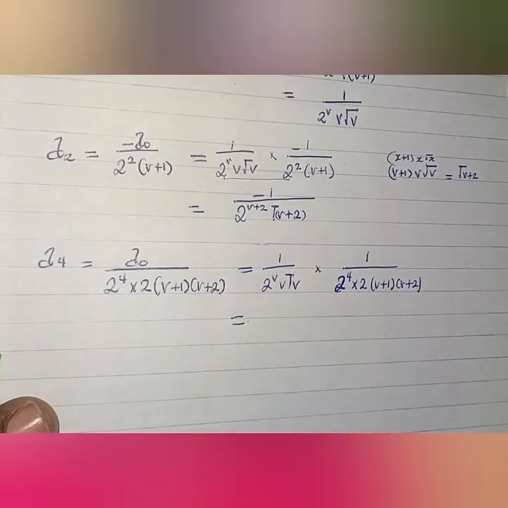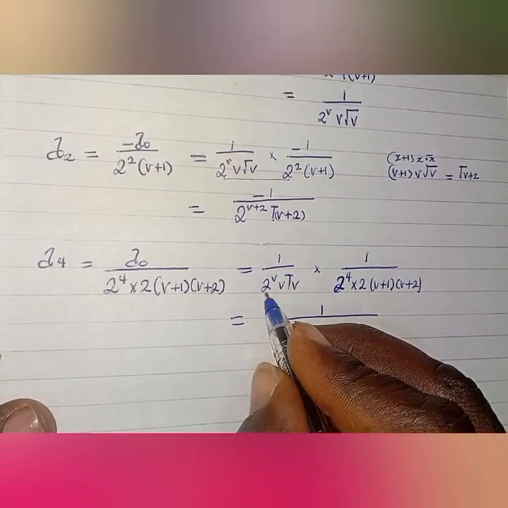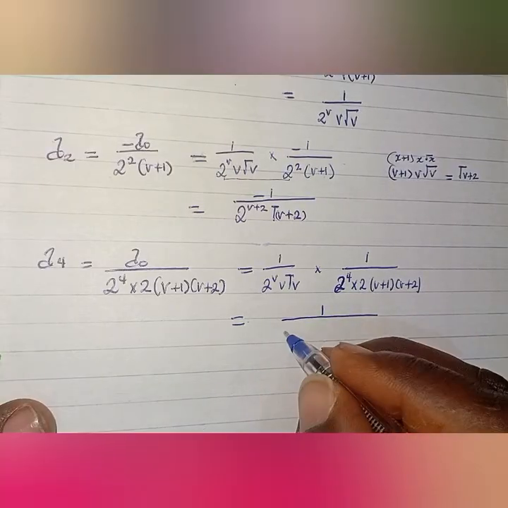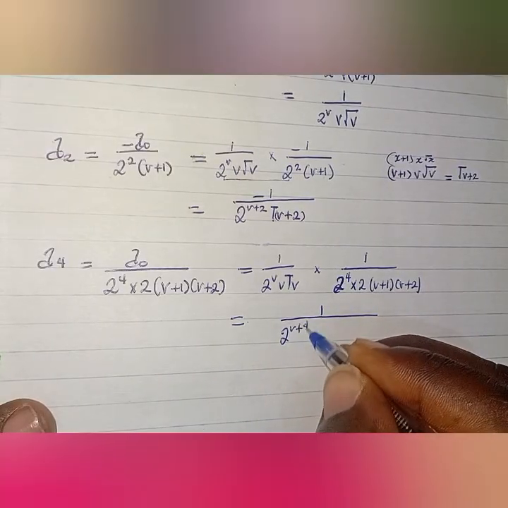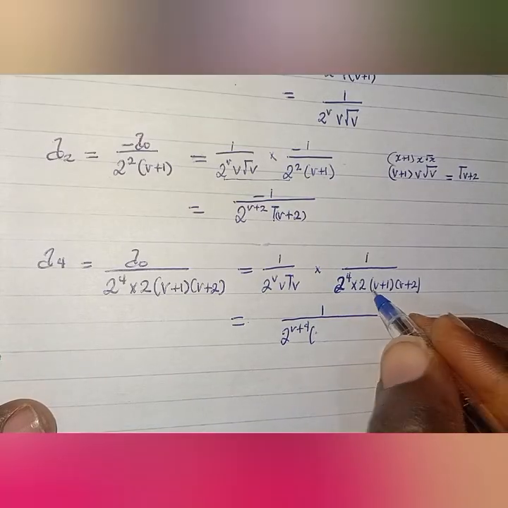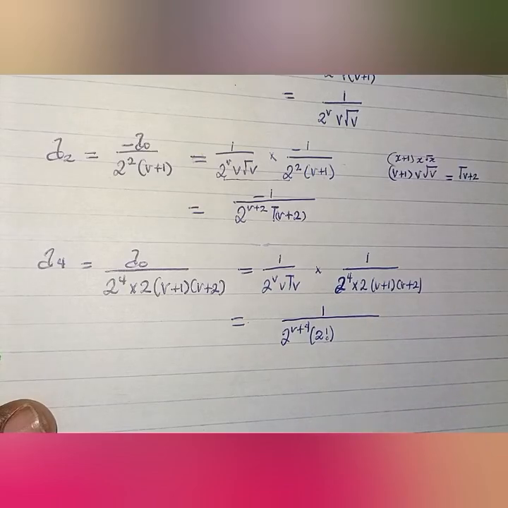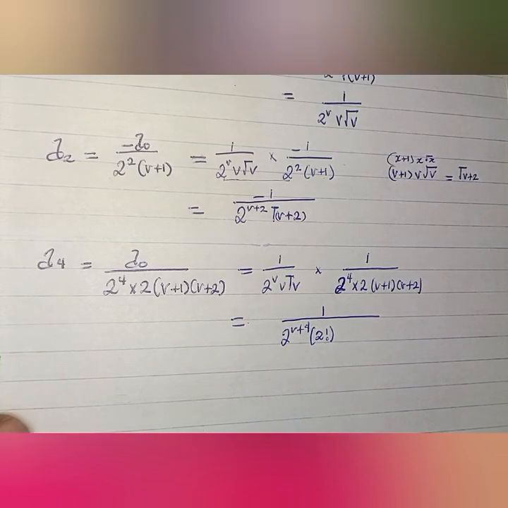So 1 multiplied by 1, we have 1. 2 raised power v multiplied by this, we have 2 raised power v plus 4. Now it is to be multiplied by 2, so let's write it as 2 factorial, since 2 factorial is the same thing as 2.